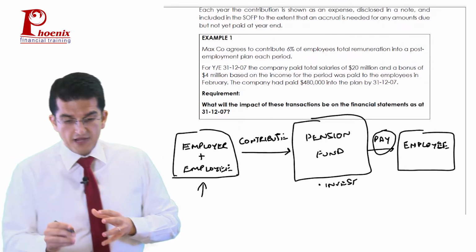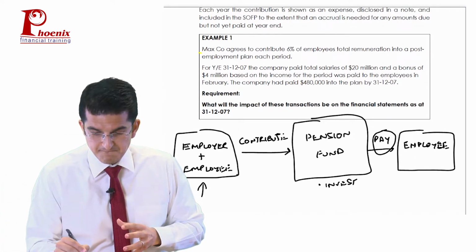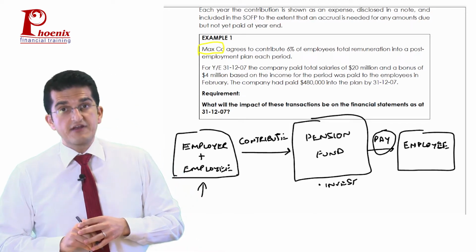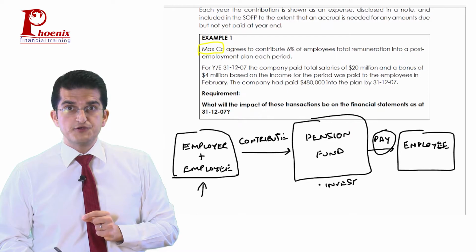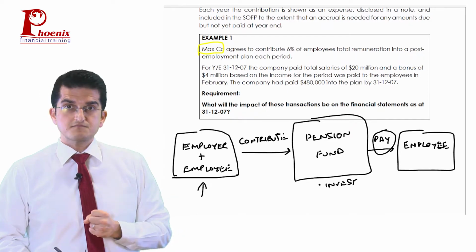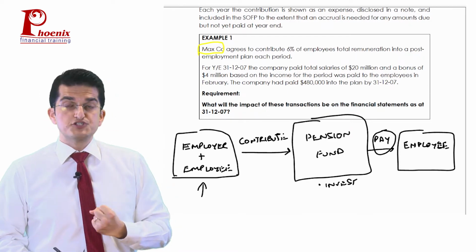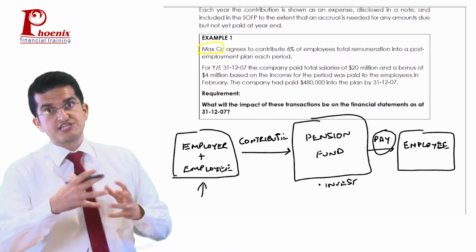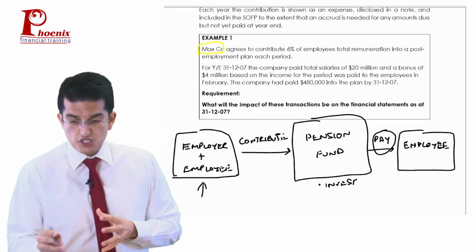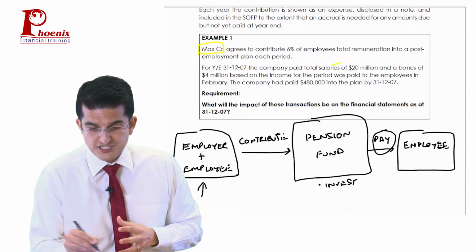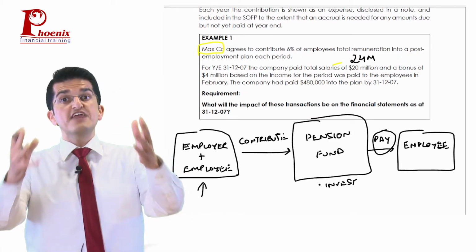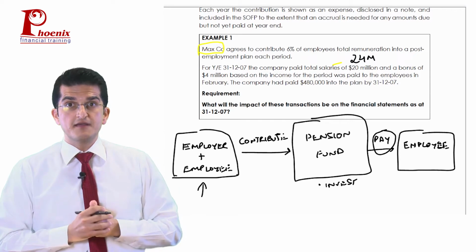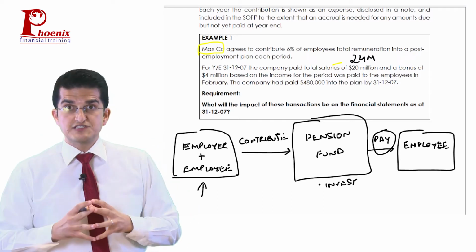In this example, we have this entity Max Company, which is agreeing to contribute 6%. So a fixed amount they are agreeing to contribute into this pension scheme. The amount of contribution could be on the basic salary or total salary. In this example, it's on the total remuneration, which is 24 million. 24 million is the total remuneration for this period.